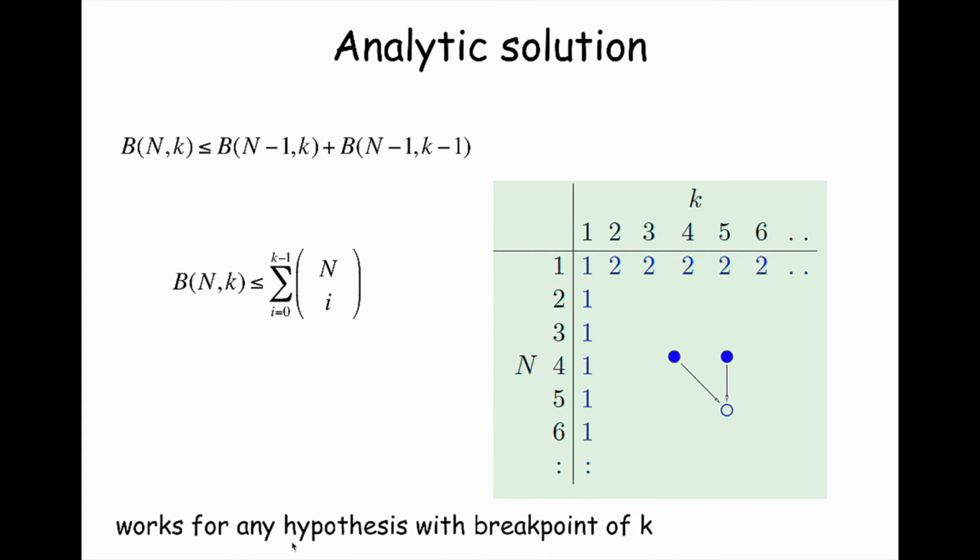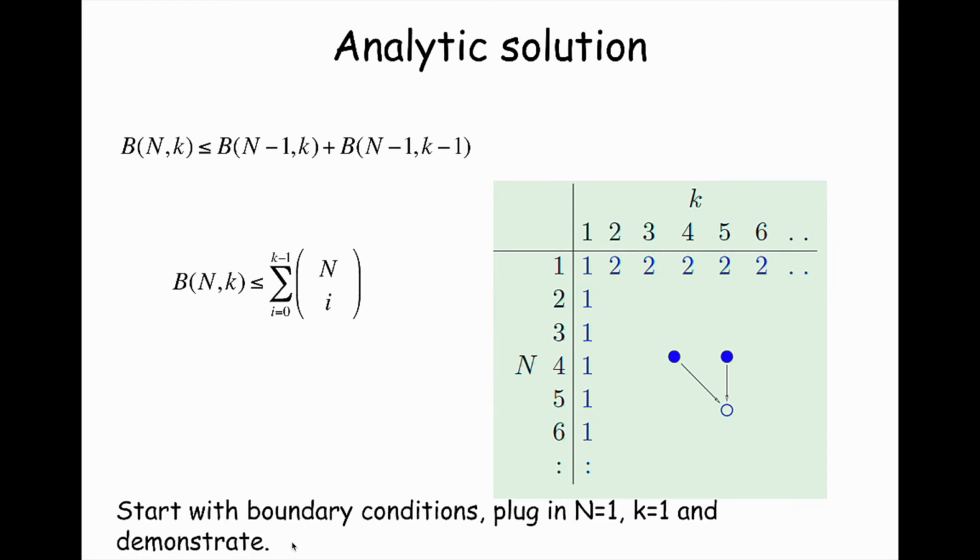All right. So it works for any hypothesis with a breakpoint of k. And of course, if we're going to prove this, we need to start with the boundary conditions. And the boundary conditions are n equals 1 and k equals 1. That's exactly this position here.